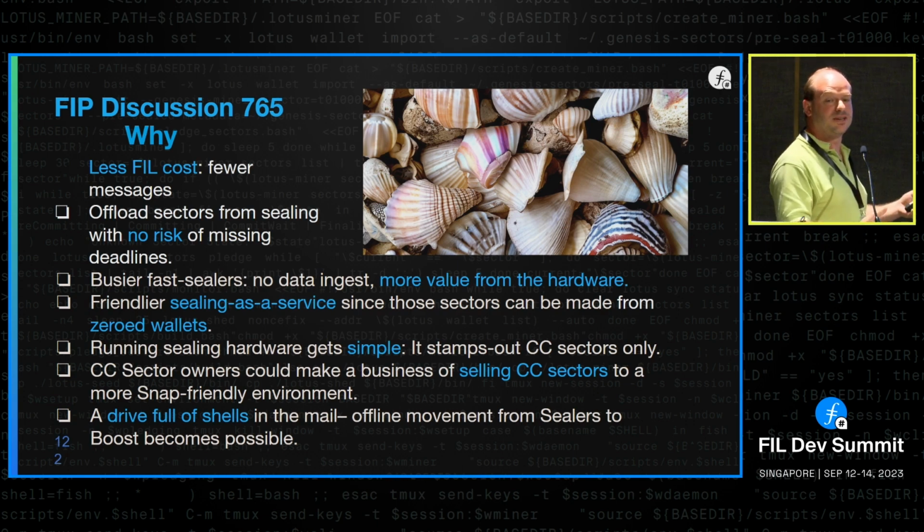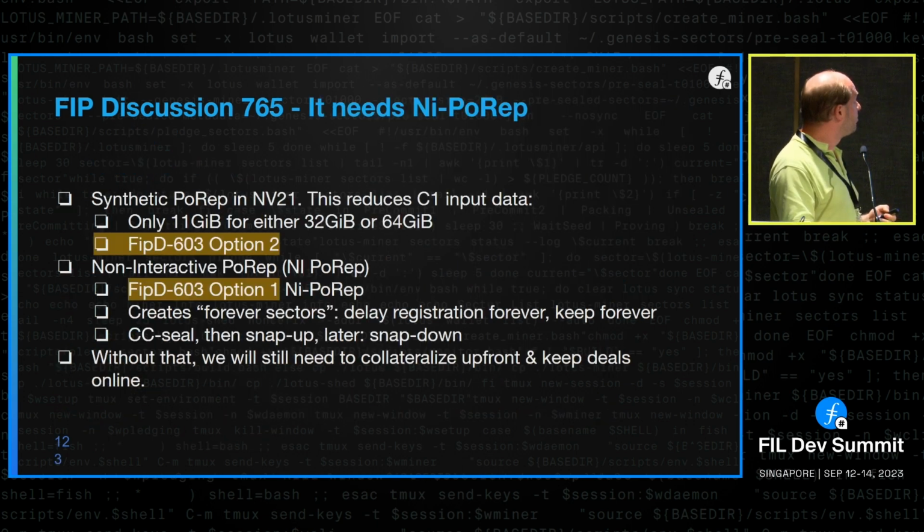In a snap-friendly environment, not only the existing CC sectors that were made potentially a while ago, but these new ones all have something we can do with them. So again, it needs the non-interactive PoRep.